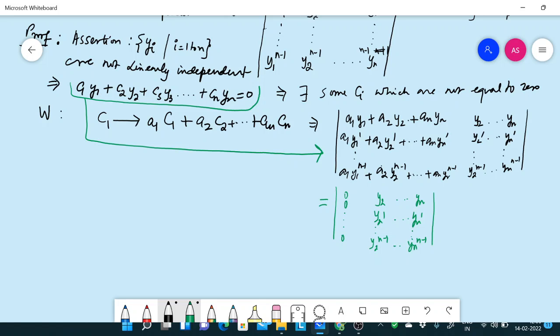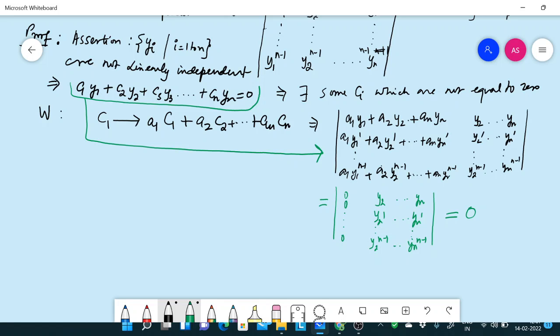So this first column equal to 0 means that the determinant will be equal to 0. So we saw that if we start with the assertion that our functions are not linearly independent, we come down to the conclusion that the Wronskian should be equal to 0. So we know that if the Wronskian is equal to 0, it would mean that the functions given to us are not linearly independent. And if the Wronskian is not equal to 0, it will mean that the functions given to us are linearly independent.